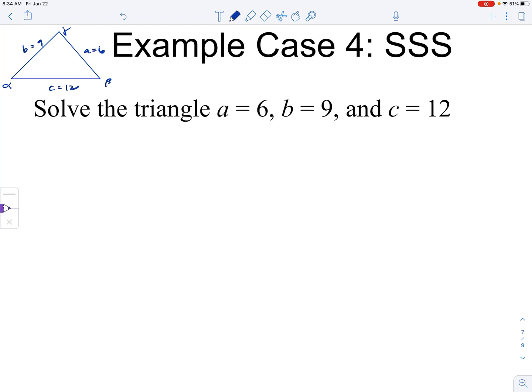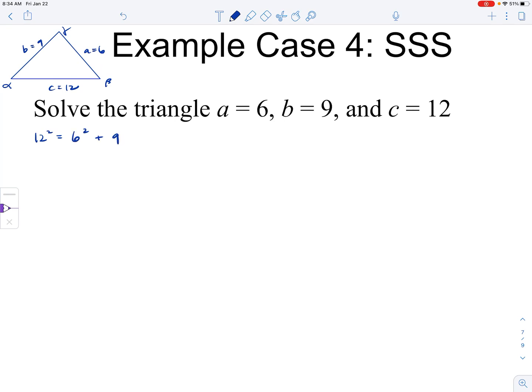Now, if you were wanting to switch to law of sines after solving for that first angle, you should solve for gamma first. And we can go in the reverse. Let's solve for gamma, then beta, then alpha here.